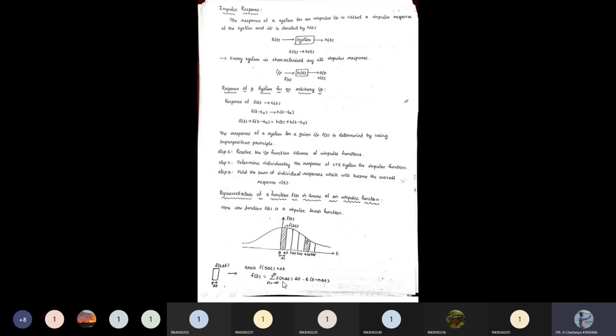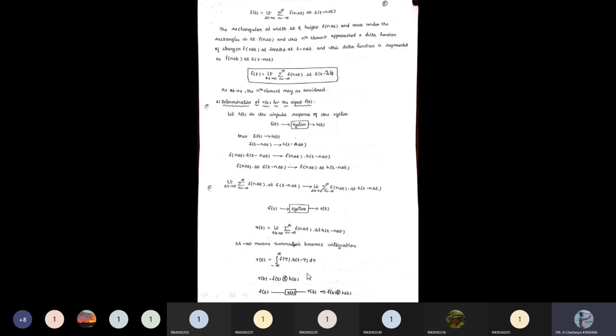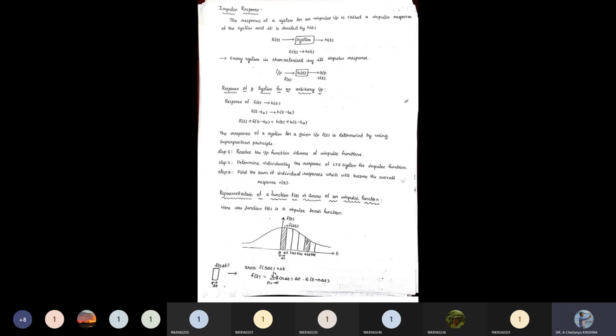Now if we write this function in terms of an impulse train, whatever the function is, it is f of n del t into del t into the impulse train. The impulse train we can write as delta of t minus n del t.